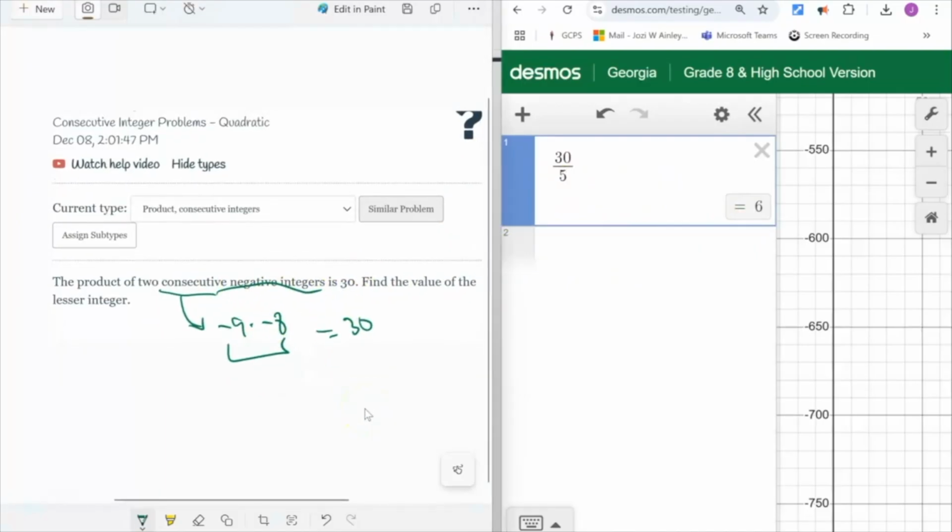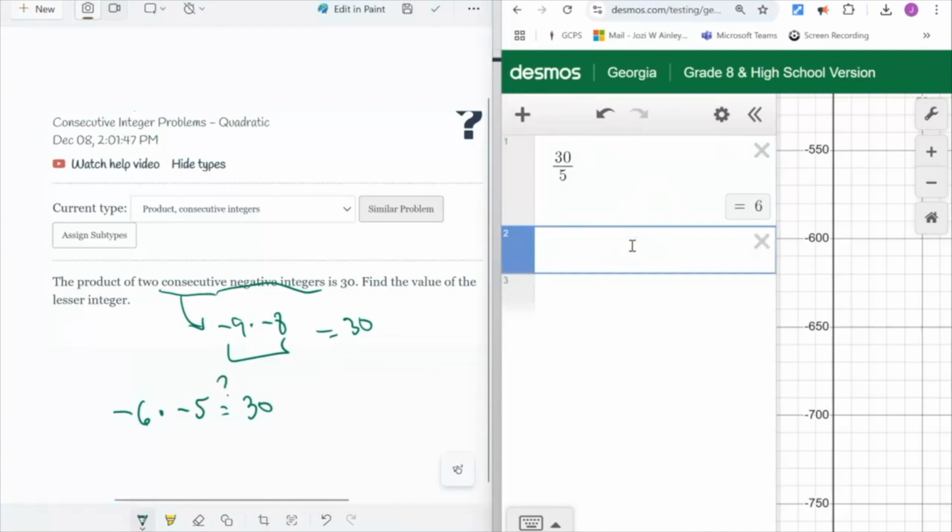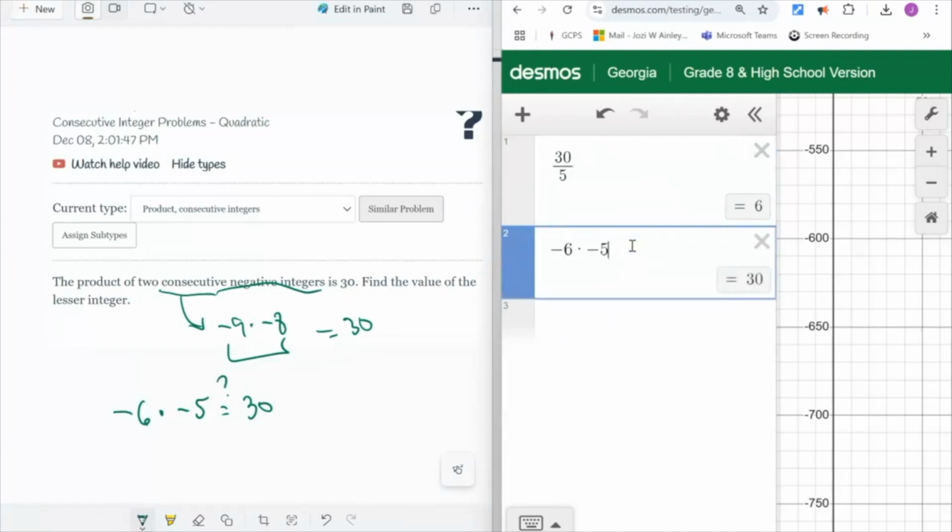So we're going to look at that. So if I had negative 6 times negative 5, would that give me positive 30? And this is the question that we're asking. So let's take a look at it. So we got negative 6 times negative 5, and yes, that gives me 30. So these are my consecutive negative integers. So that's the London's method that we came up with.